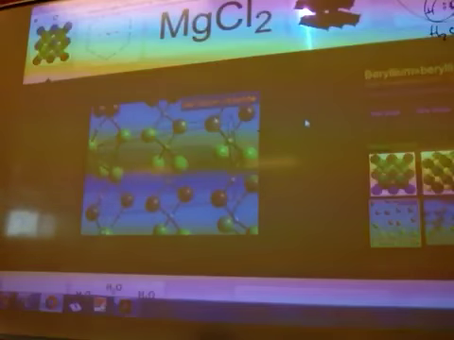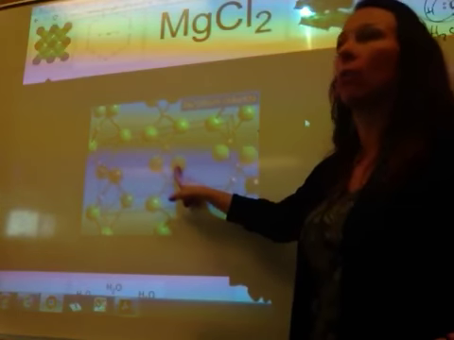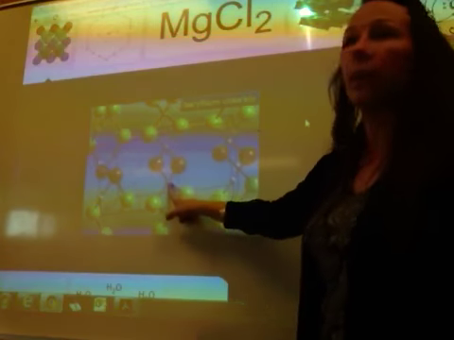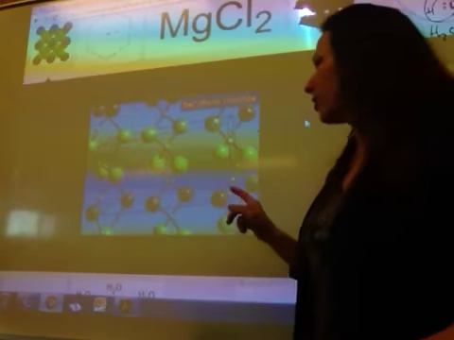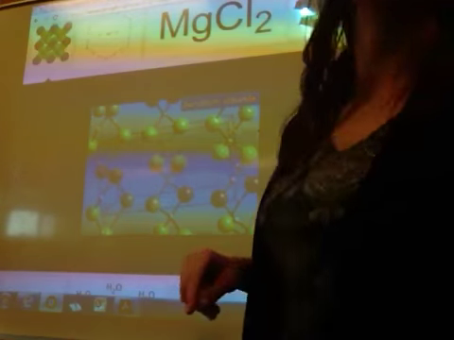Does that make sense? And then a 2-to-1 ratio would give a different structure. So here's a 2-to-1 ratio. And you can see an Mg2+ for every 2 chlorides. And the chloride is surrounded by an Mg2+ as well. And I actually haven't gone and counted this. Oh, this is beryllium chloride.